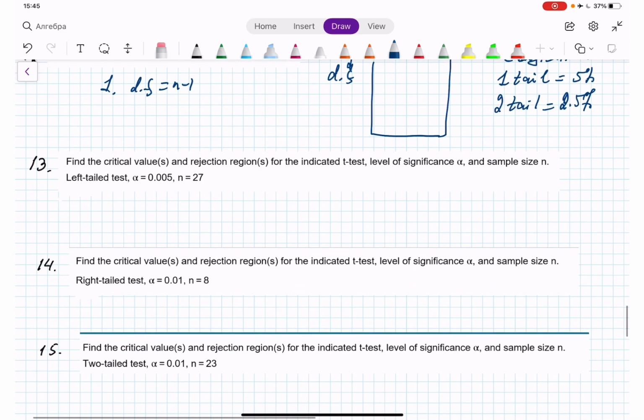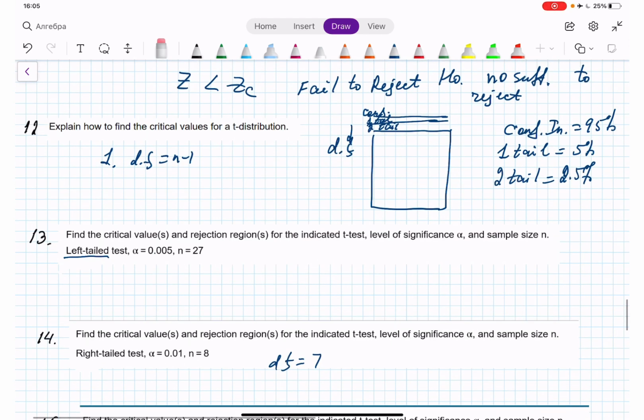Find the critical value in rejection region for indicated t-test, level of significance alpha, and sample size n. So, what do we have? Our alpha is 0.05 and n is equal 27. So, we have degree of freedom, 26.